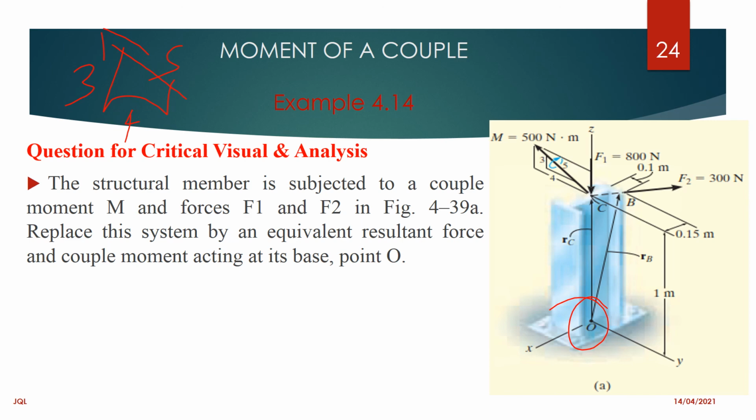The problem that you might have is force 2. What is the problem with force 2? Because when you look at force 2, it's coming from the Z, then there is a 0.2 meter away from the Z axis.